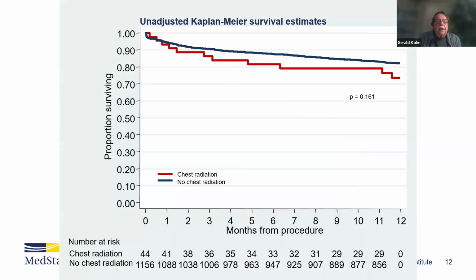This is an example from a study we did a while ago, where we have 2 groups, one that got chest radiation and another set of patients that didn't get chest radiation. We plot the Kaplan-Meier survival rate for each one, and then we can do a test of whether there's a difference between the survival functions.